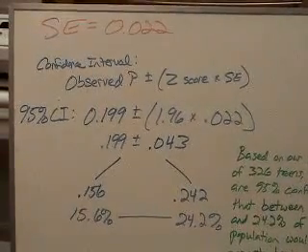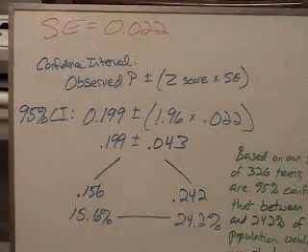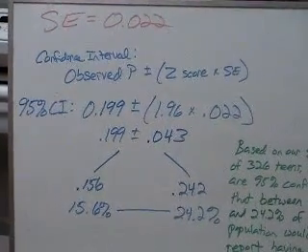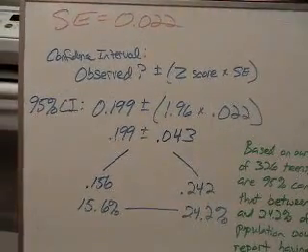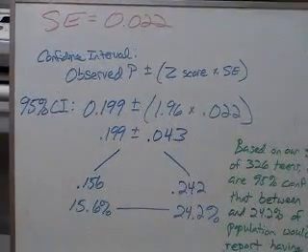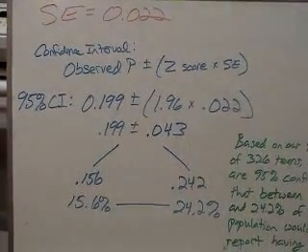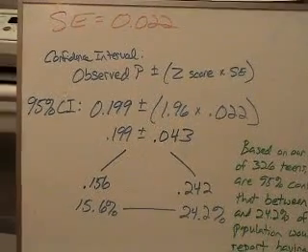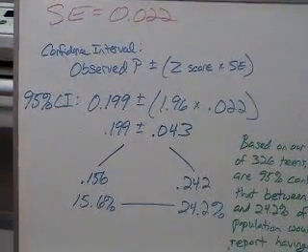So now we're going to take that standard error of 0.022 and put it into the confidence interval formula. For that, we take our observed proportion and add and subtract your z-score times the standard error.